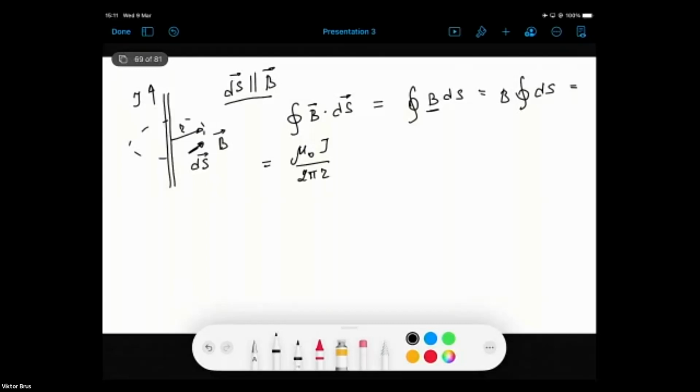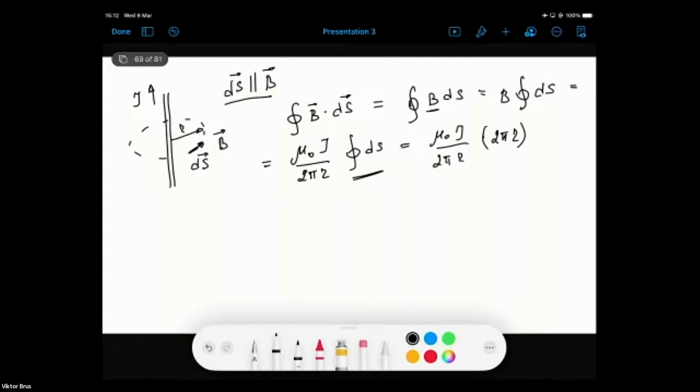And this integral along the path over ds is nothing else than the length of this circle. So that will be 2 pi times r. So it will be mu naught I over 2 pi r, times the integral, which is equal to 2 pi r, because it's nothing else than the length of this circle.